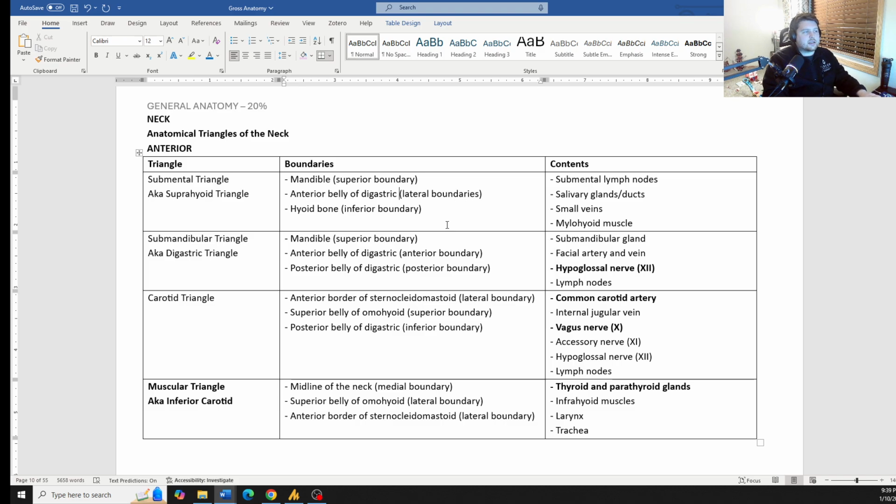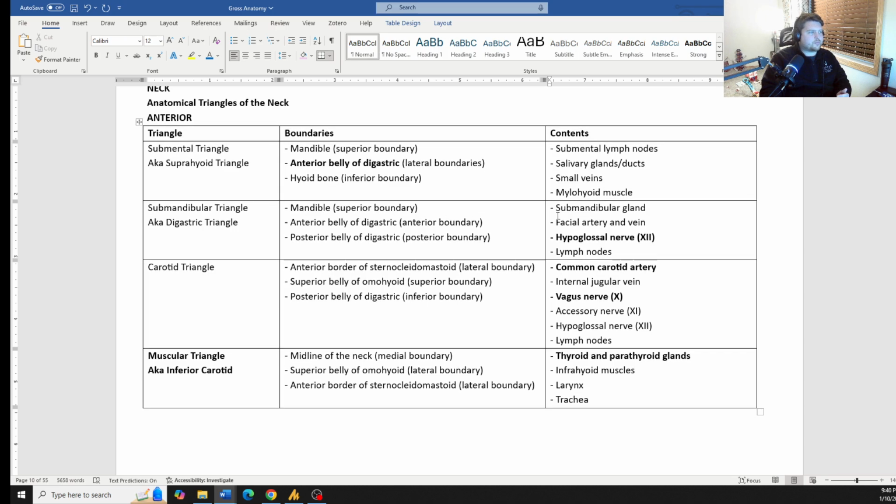If they were going to ask a question about the boundaries, they're going to pick the anterior belly of digastric because it has an anterior and a posterior belly, and they can easily make a question including both parts of the digastric to try and trip you up. It doesn't contain a lot of important stuff, just some lymph nodes, some salivary glands, so nothing super exciting, so most likely not going to get a question on the contents.